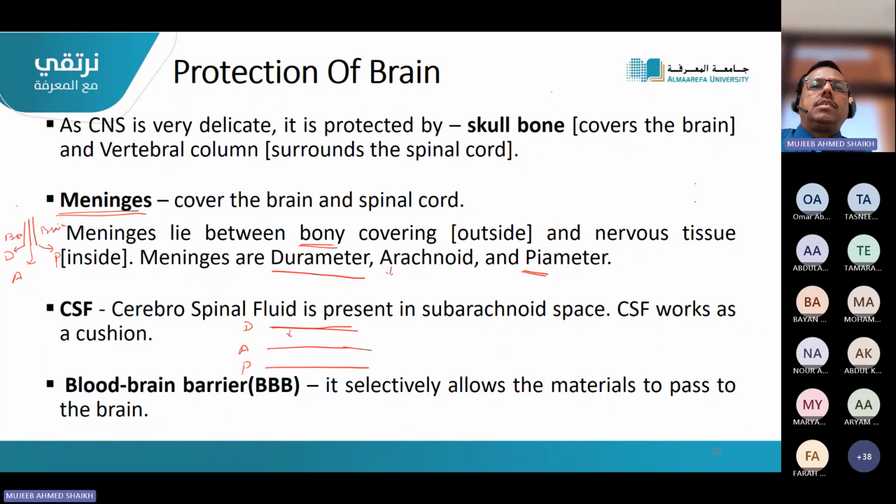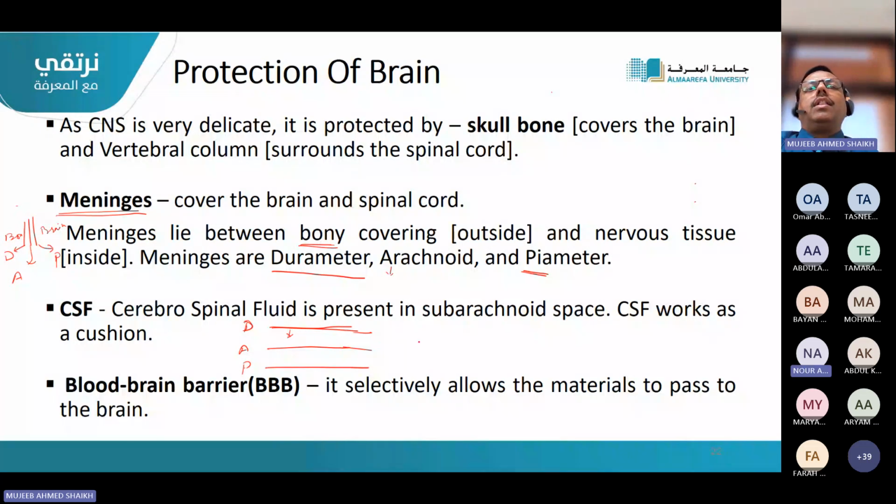What do you call this space, the area below the dura mater, or under the dura mater? Cavity? Yes, it is a cavity, but there is a specific name. Suppose there is a boss, and under this boss there are 2-3 employees.